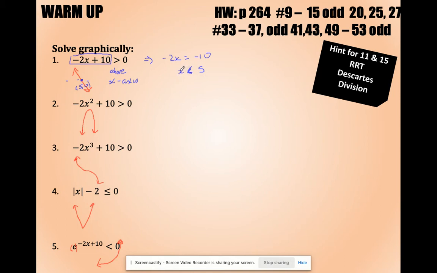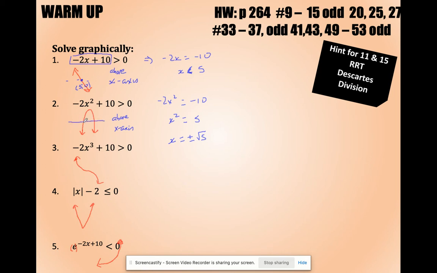How about this one? I know it's an upside down parabola, but where does it hit the x-axis? Where is this upside down parabola above the x-axis? Well, when is negative 2x squared equal to negative 10? When is x squared equal to 5? It's when x is equal to plus or minus root 5, right?